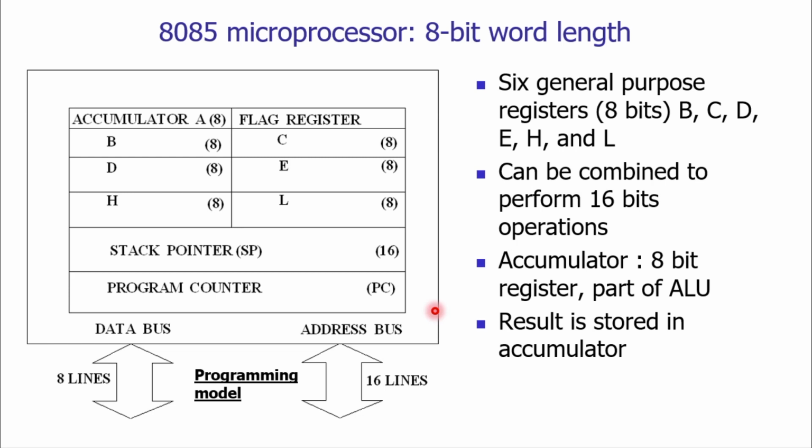We can define the sign of the result, whether it is positive or negative, by using this flag register. There are various flags used such as sign, parity, carry, and so on.